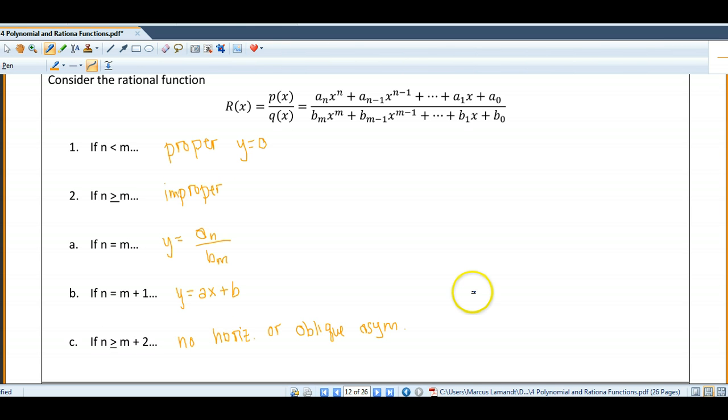If n equals m, then y equals a over b is your horizontal asymptote. If n is 1 more than m, then you have an oblique asymptote, y equals ax plus b. Okay, and you can see what a and b are from this equation. If n is 2 or more bigger than m, then there is no horizontal or oblique asymptote. Okay?